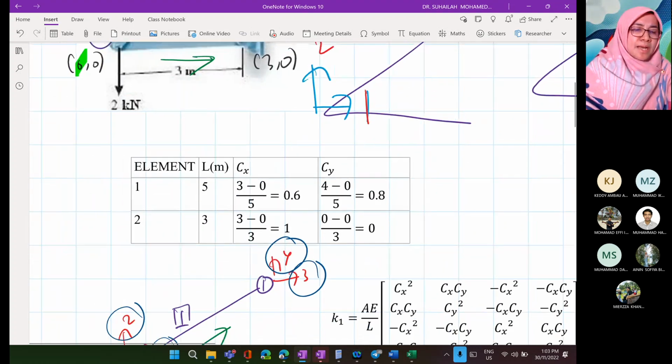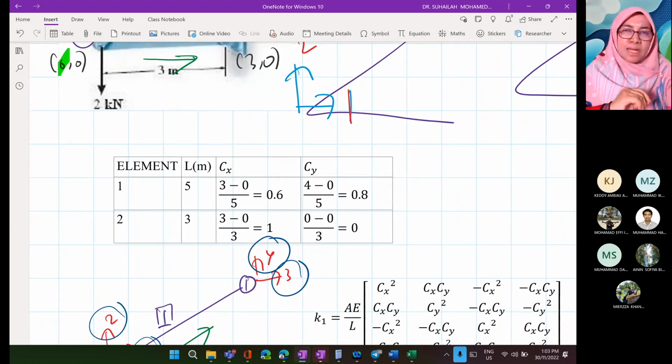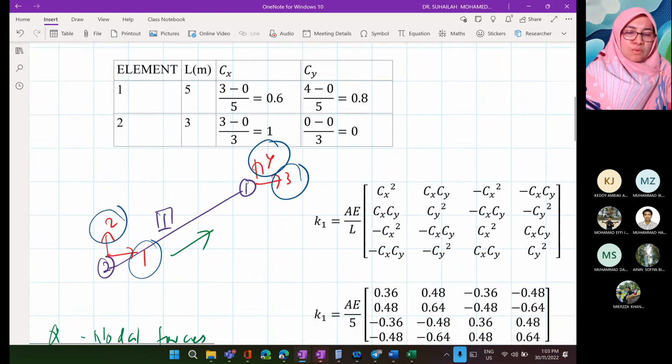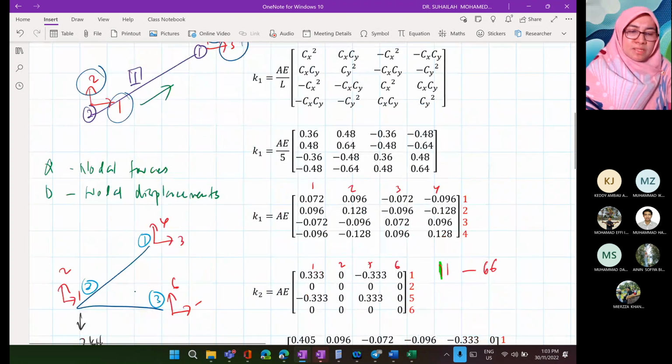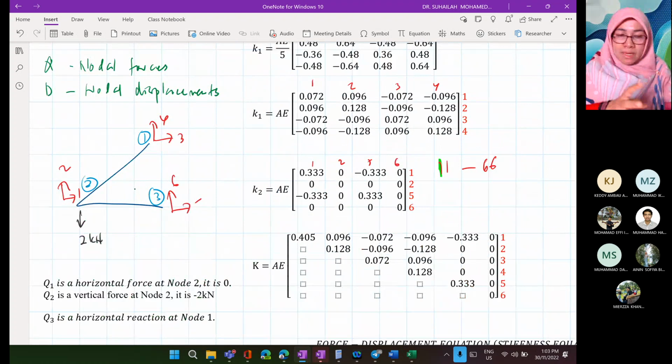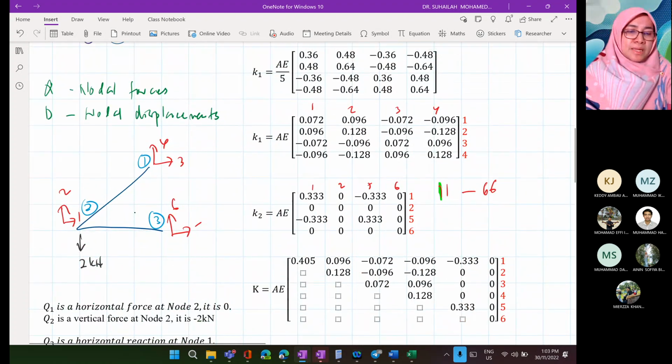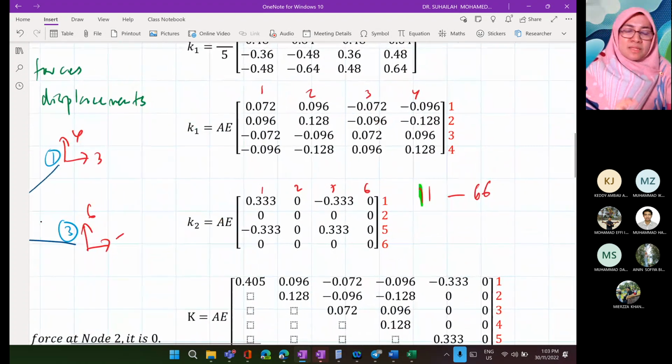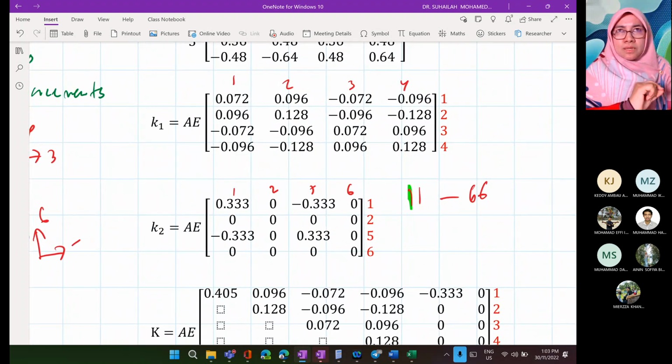Then identify or calculate Cx, Cy for each element, and use Cx, Cy to calculate the element stiffness matrices K1 and K2, since we have two elements. In element stiffness matrices, the most important part is to label the degrees of freedom for the element correctly.